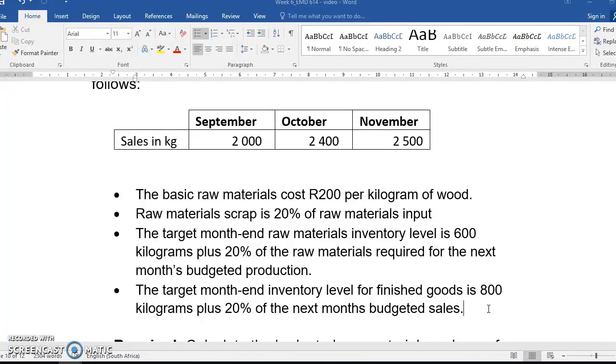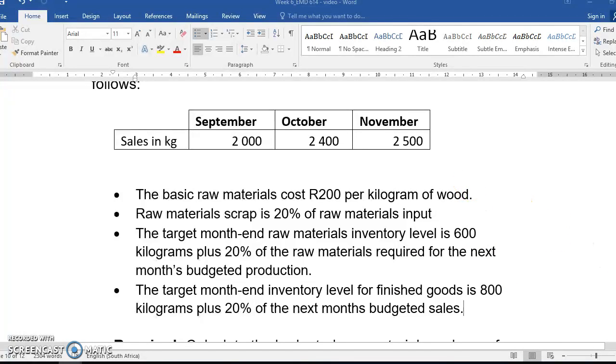So that's two different aspects of inventory, which is really what we have here. We have finished goods as well as raw material. And remember, we ultimately sell finished goods to customers, right? So finished goods is linked to sales, whereas we need a certain amount of raw material to make a finished good.